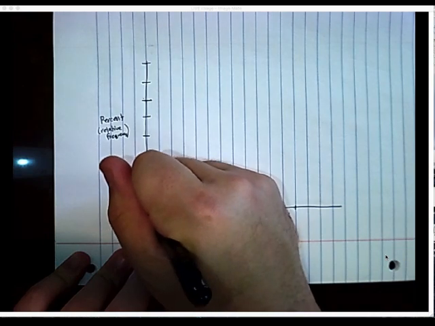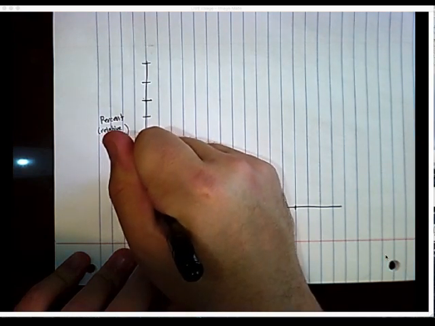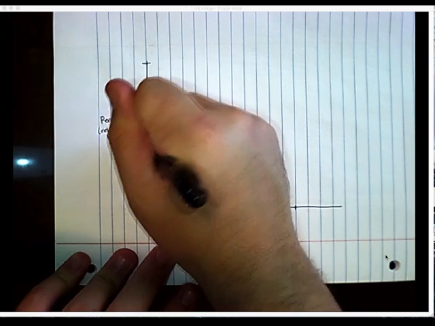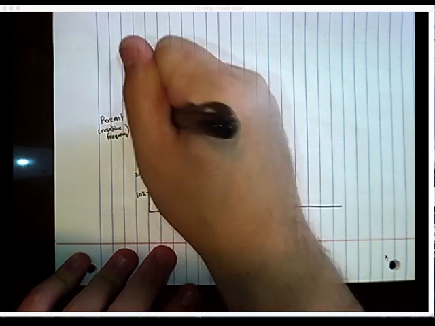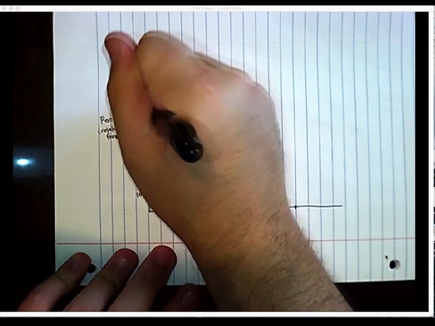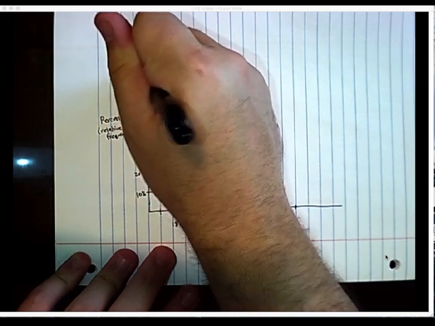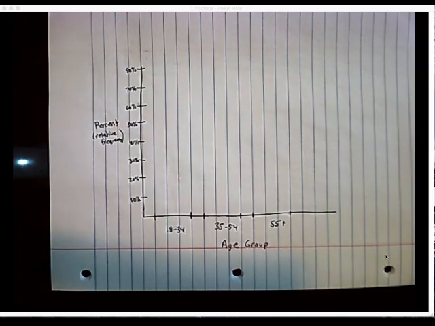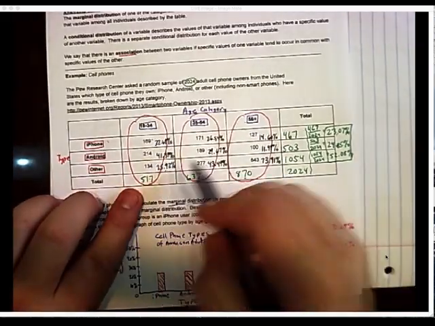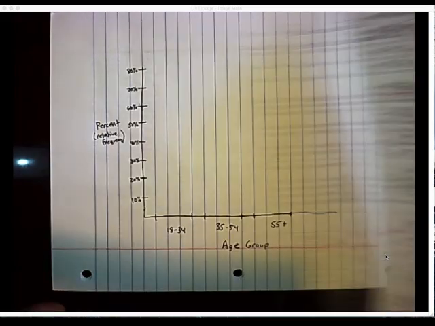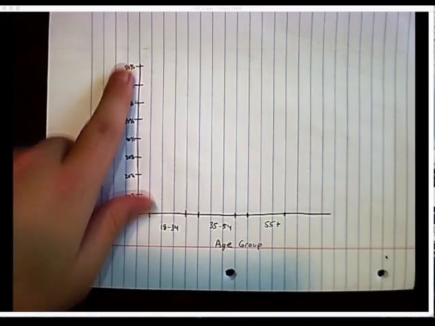So 10%, 20%, 30%, 40%, 50%, 60%, 70%, 80%. Now, how did I know to go up to 80%? When I look at all the percentages that I put into my table, the highest one that I ever see is 73.91. So I know I don't really need to go above 80.